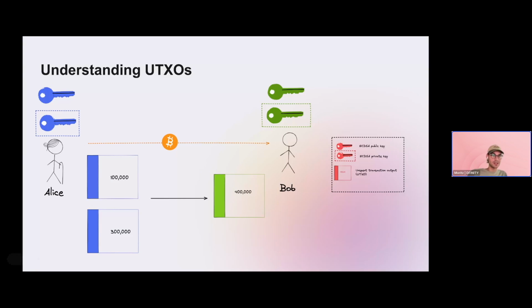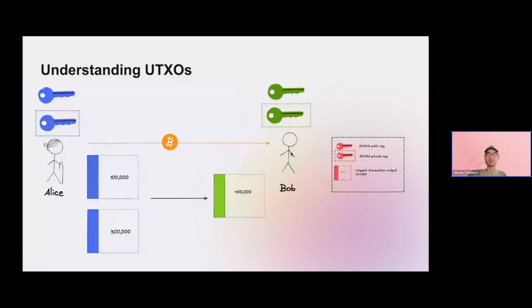So she wants to send in total 400,000 Satoshis to Bob. And for that, Alice has to consume 2 UTXOs, or what are called unspent transaction outputs. Those two together add up to the 400,000 Satoshis that Bob is going to receive in the end.